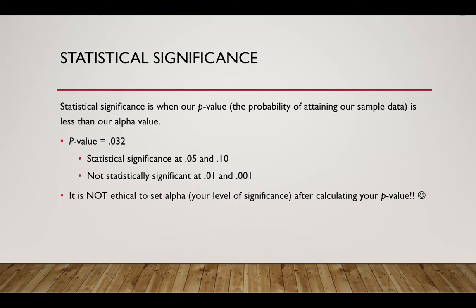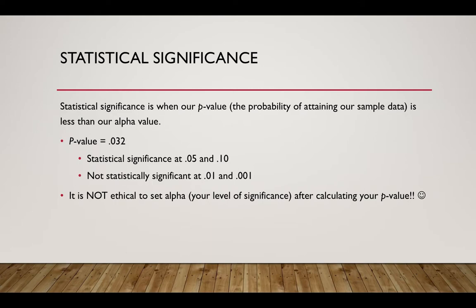So if we set our alpha value at 0.05, a p-value of 0.032 would be significant at the 0.05 and 0.10 levels, because 0.032 is less than both of those, but it would not be statistically significant at 0.01 and 0.001, because clearly our p-value is higher than that.